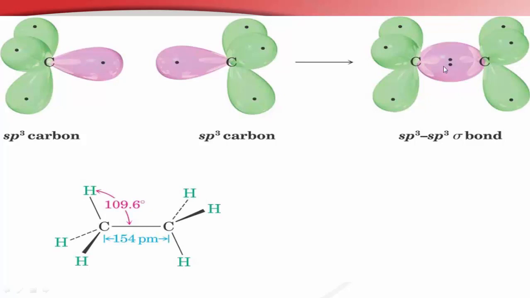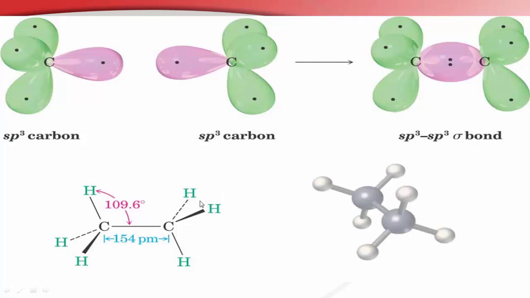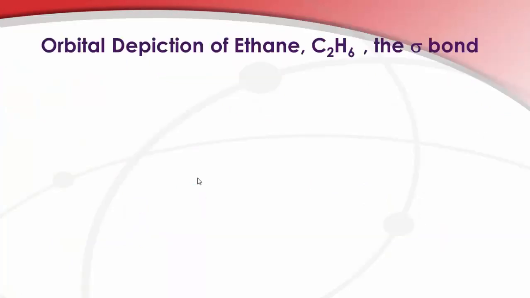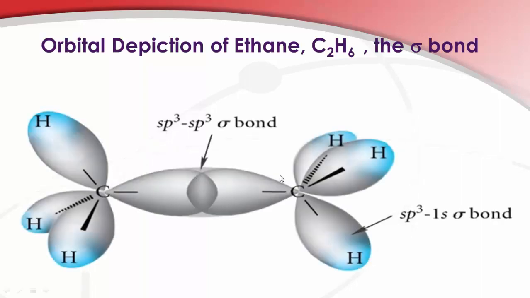And this explains very nicely the geometry that we see for ethane. So we see something very close to the tetrahedral angle. And if we put hydrogens at the other locations, we wind up with ethane. And if we look at the overall orbital depiction of ethane then, these sigma bonds are shorthand for a single bond.